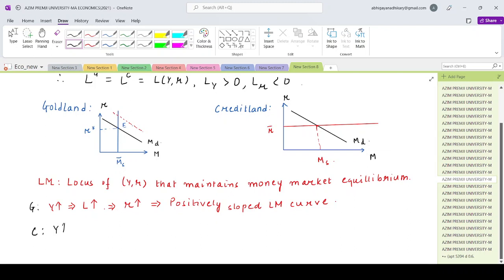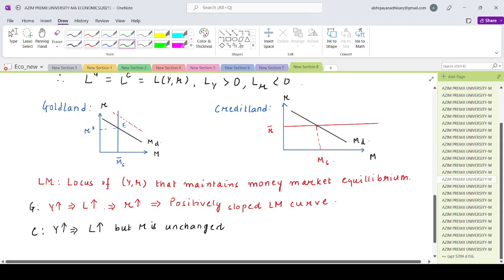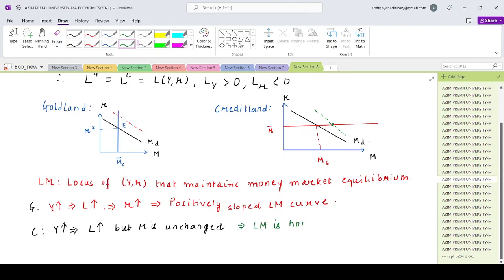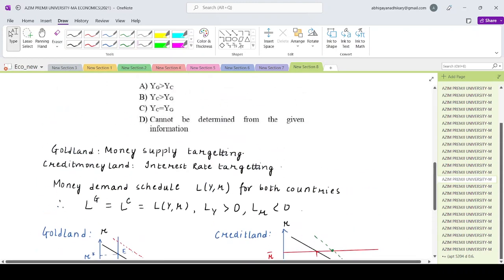If your Y rises, then your money demand schedule will rise, but R is unchanged, because the money supply will increase. So LM is horizontal. This is a fundamental difference between these two countries, which we get from the simple idea of interest rate targeting versus money supply targeting.